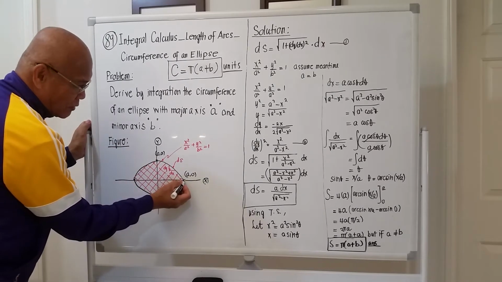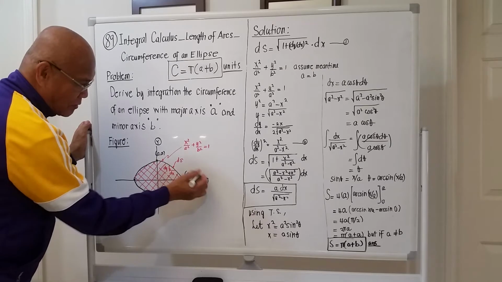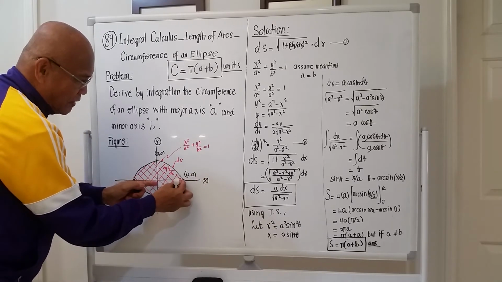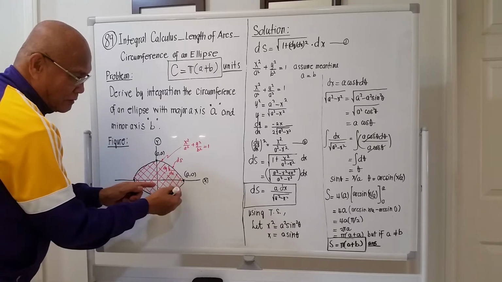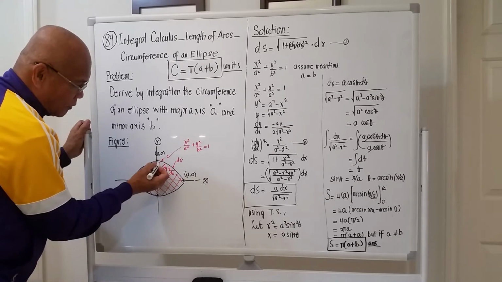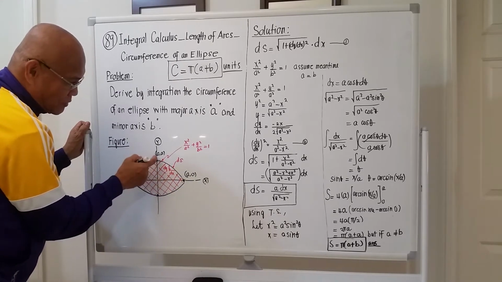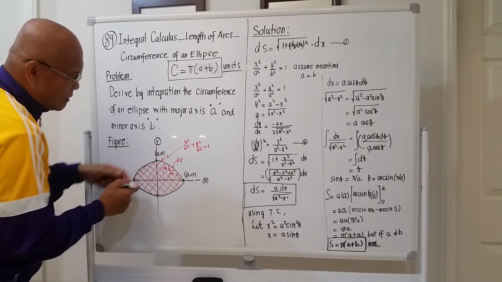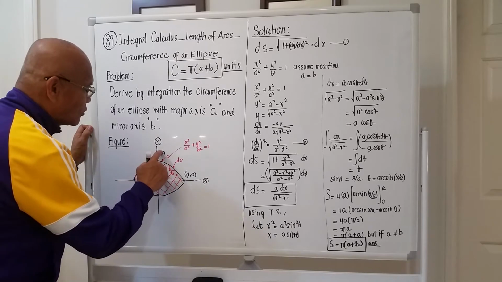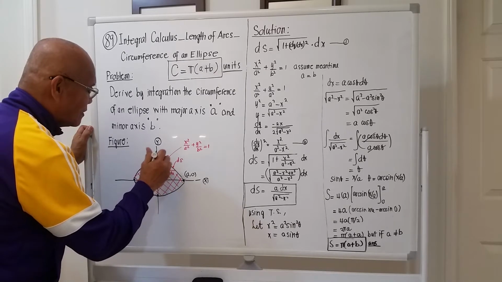This point here is with coordinates (a, 0). The abscissa here is a, the length of the major axis, and the ordinate is 0. For this point here, the abscissa will be 0, and the ordinate will be this. Sorry for this one, this should be small letter b, guys.